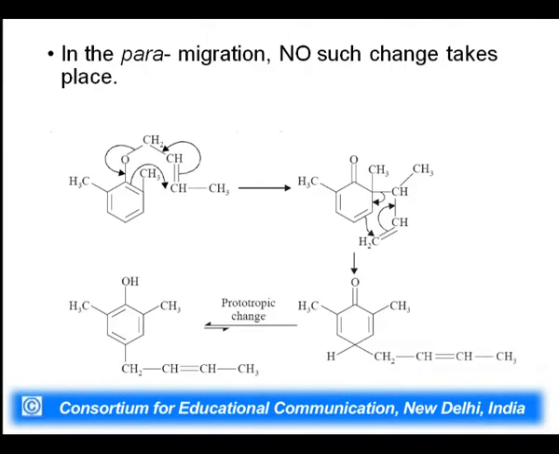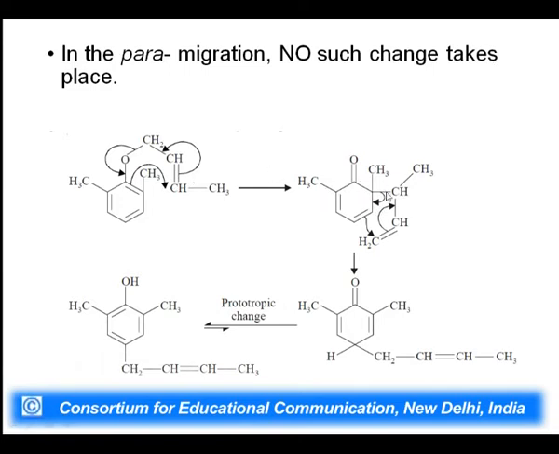Whereas if we talk of the para product, that is, if both the ortho positions are blocked, the first rearrangement is the same: the bond cleaves from here and a bond is simultaneously formed here.